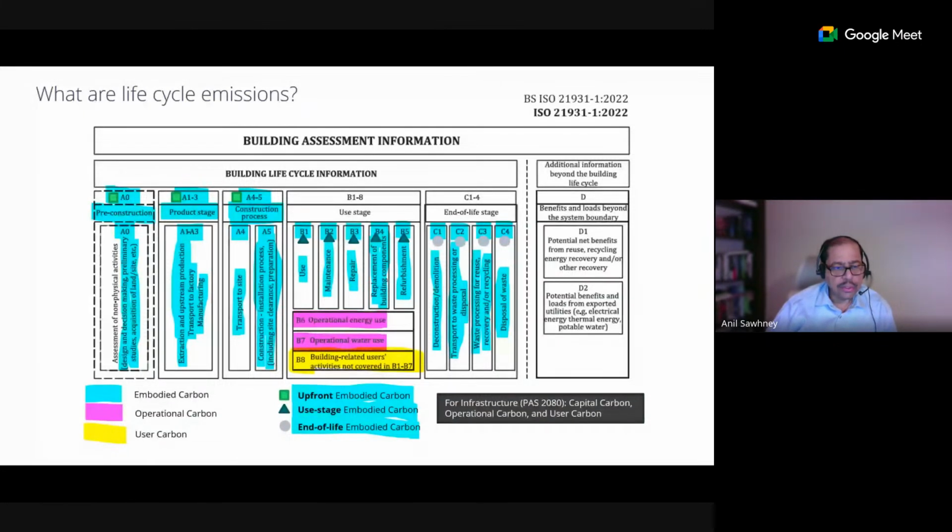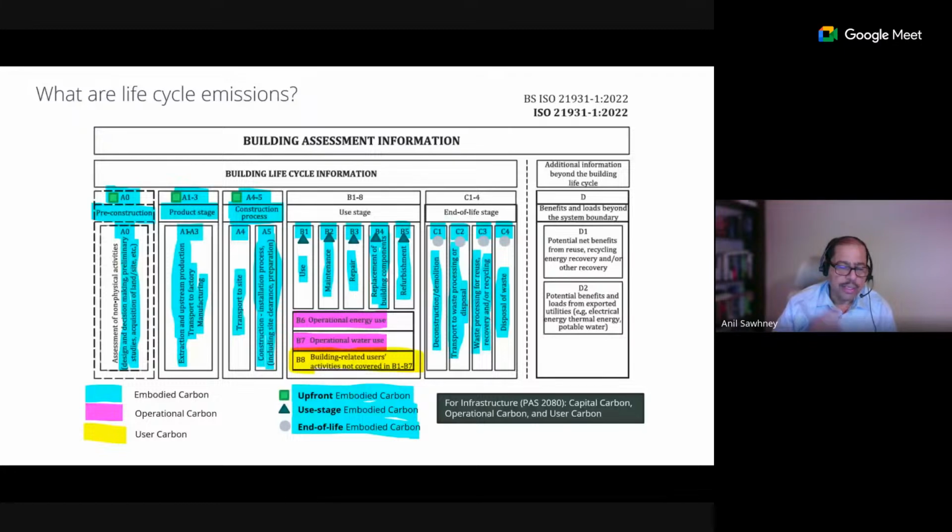The last thing on this slide, there is another standard which is called PAS 2080, which I should have included in that list, calls embodied carbon capital carbon. I'm sure all of you have heard of CapEx and OpEx. So capital cost, operational cost, CapEx, OpEx.